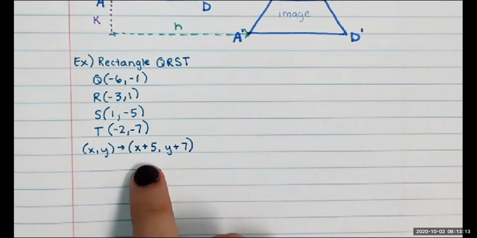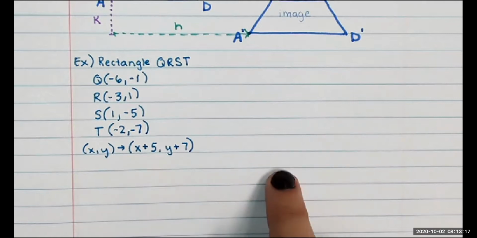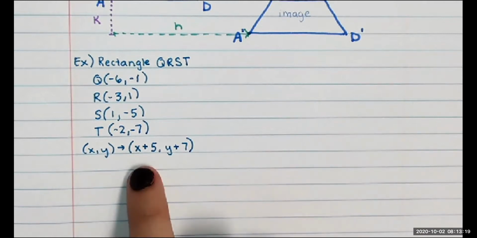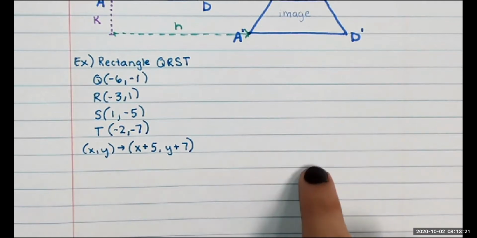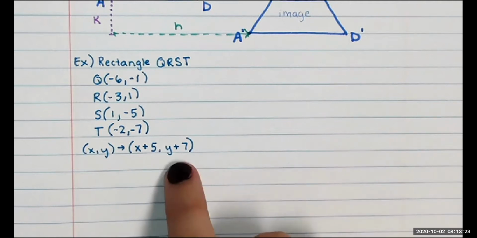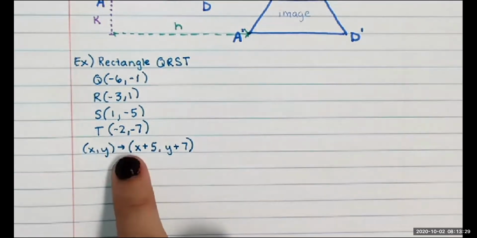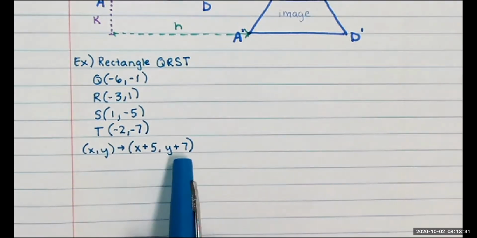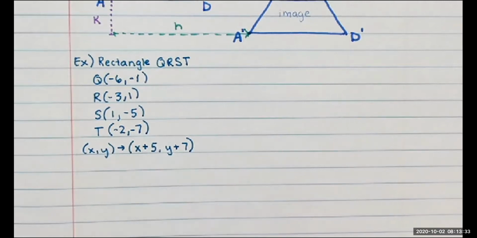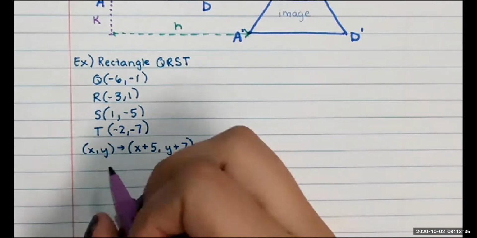So that +5 is a horizontal change in the positive direction. So that means you're moving up the number line or to the right. Y is changing in the positive direction as well, which means you're moving up. So we have 5 right and 7 up. And I just want to point that out.